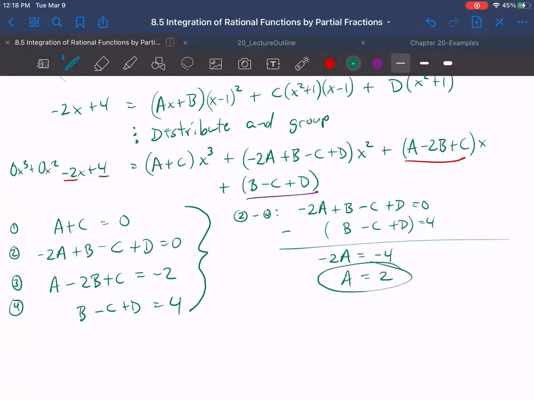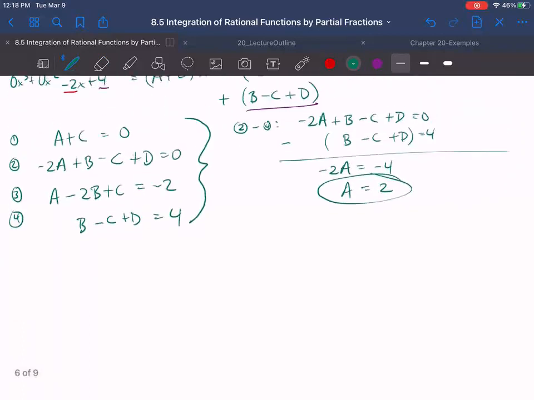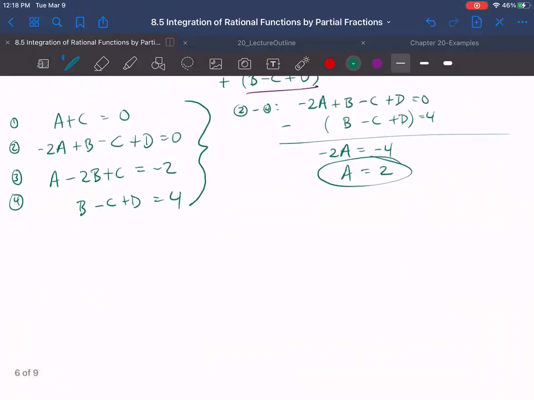Stuff like that. Then you can go right back to equation 1 and plug in 2, and then you get c. So c is negative 2, right? Do y'all want me to go through these or not? No one's really answering me. I don't know if you need me to or not.